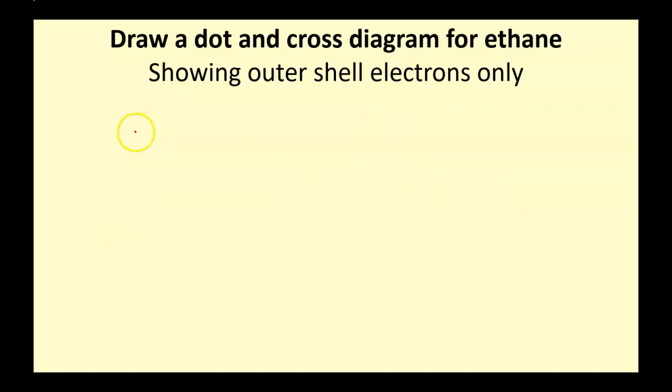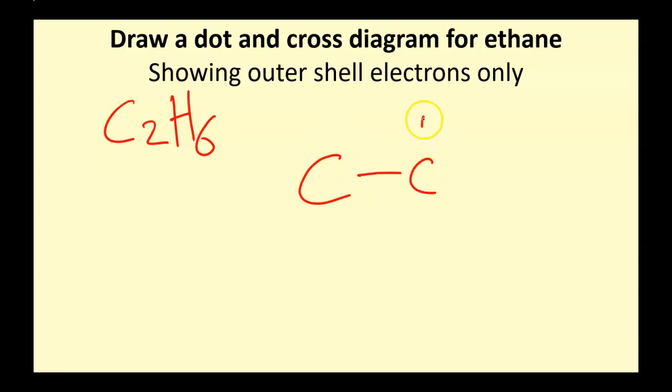Ethane has the formula C2H6. Again, when we're doing dot and cross diagrams, I would say ignore the hydrogen at first and go from that point. So we've got 2 carbons, let's bond the 2 carbons together. We've got 6 hydrogens, so let's draw the hydrogens in like so.